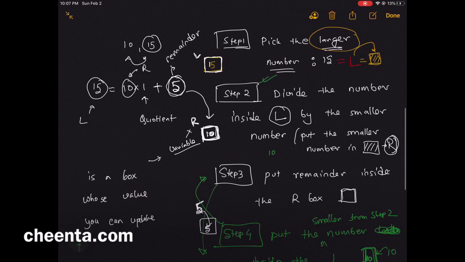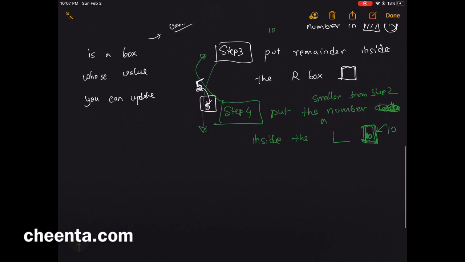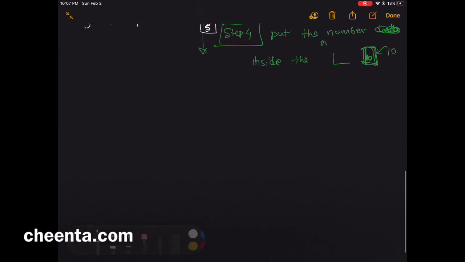Now, so you have this. Let me write the situation. You have 15 in the box L and 10 in the box R. This happened in step 1.